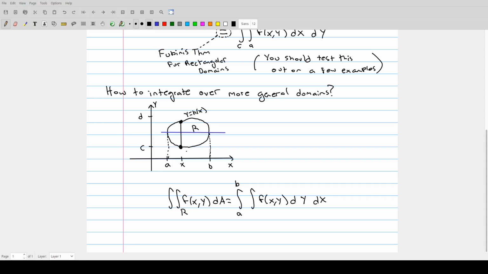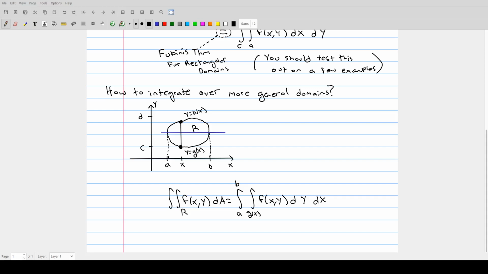And the lower boundary is given by y equals, we'll say, g of x for some other function of x. That's our lower boundary. Which means that as x slides from A to B, the lower boundary is governed by g of x, and the upper boundary is governed by h of x. So that's what our lower and upper bounds are going to be in the integral when we integrate.